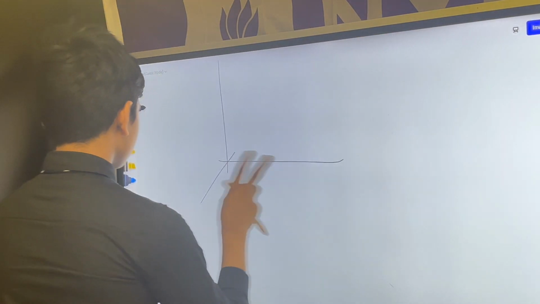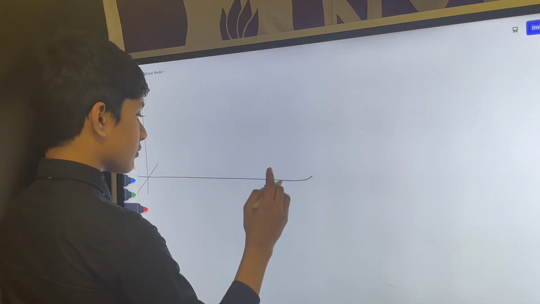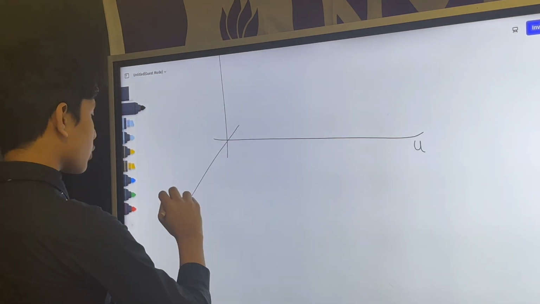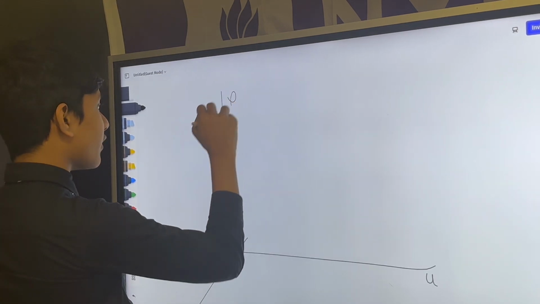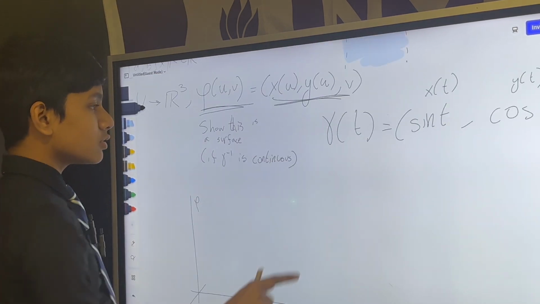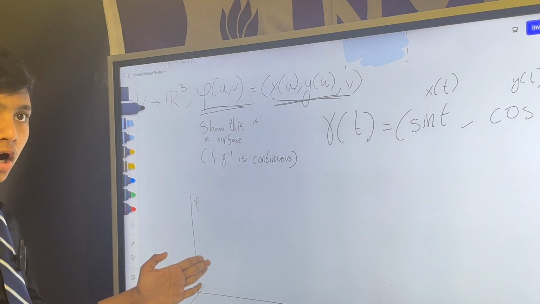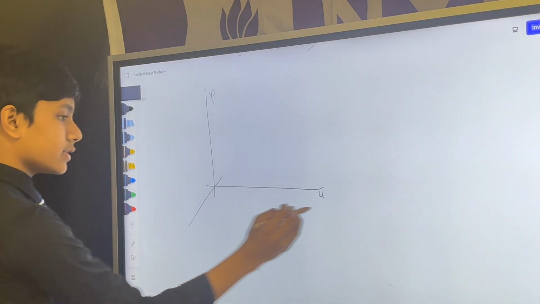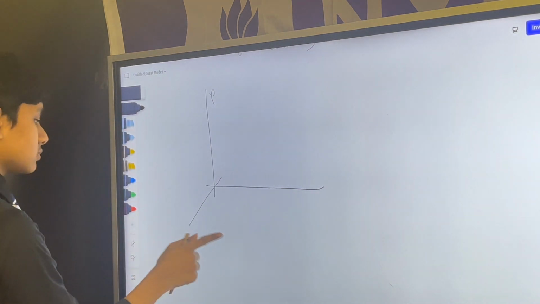So we're going to write this as u. We're going to write this coordinate as v, and this coordinate is phi, right?